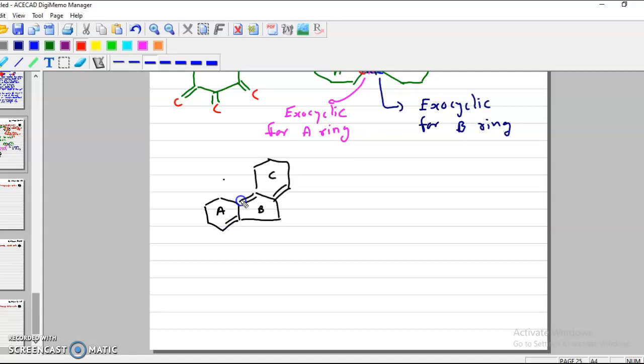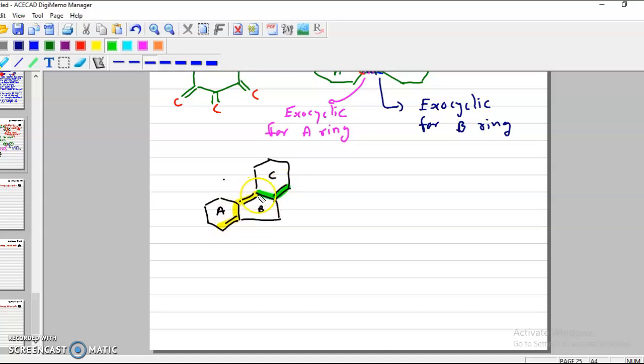See, the double bond should be part of the system. It is the first condition. Second condition, see, this is the system for us and the double bonds are in different rings. So it is a heteroannular diene system, and this is an extension of this system. Why? Because this double bond will be in conjugation with the system.